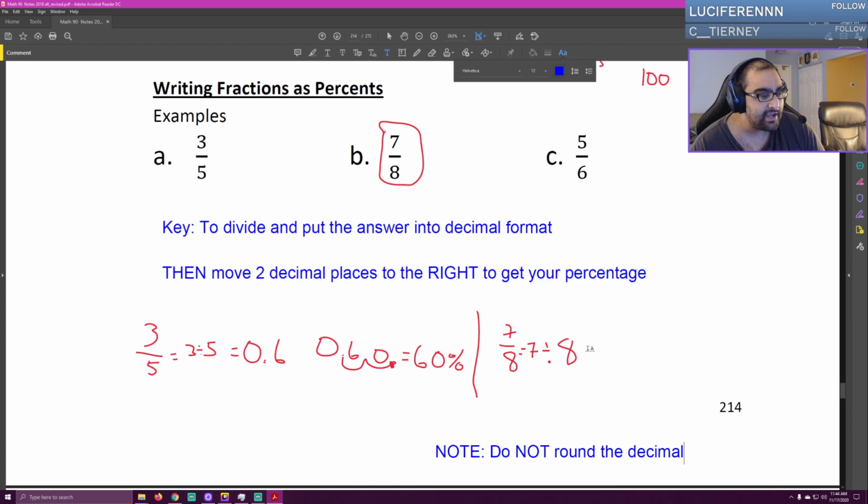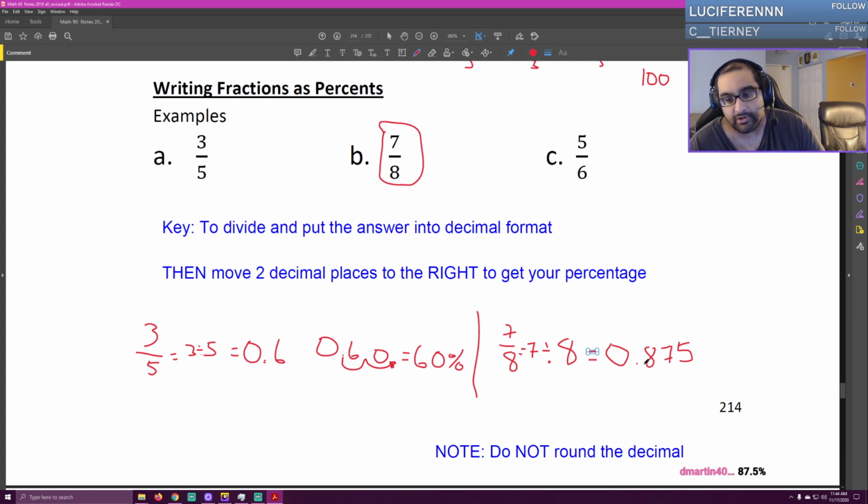Okay, so I'm going to take this straight up as 0.875. I know it sounds tempting to round, but we only round at the end of the problem and never in the middle of the problem. So we never want to round here unless it's absolutely necessary.